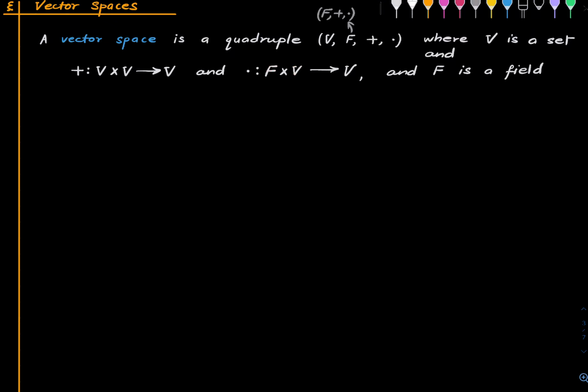So a vector space is a quadruple where this in itself is a triple, in fact a field, where plus is a function of this sort and dot is a function of this sort. You can call this the addition function and this the scaling function. Let me write that. This is addition and this is scaling, such that some bunch of properties are satisfied.